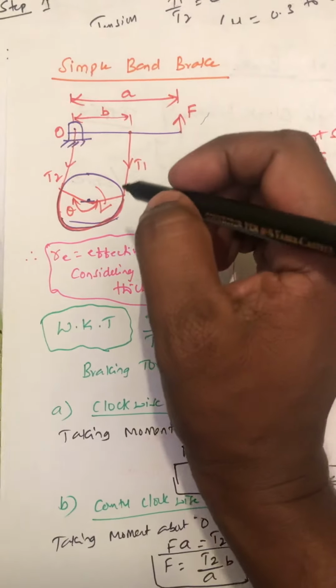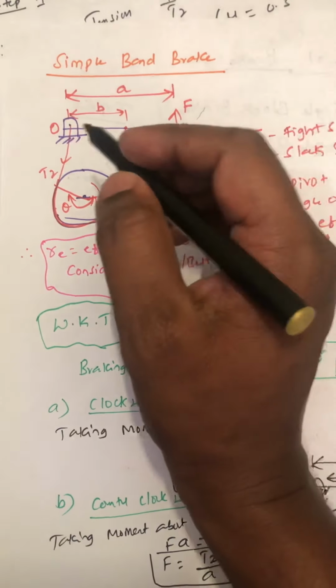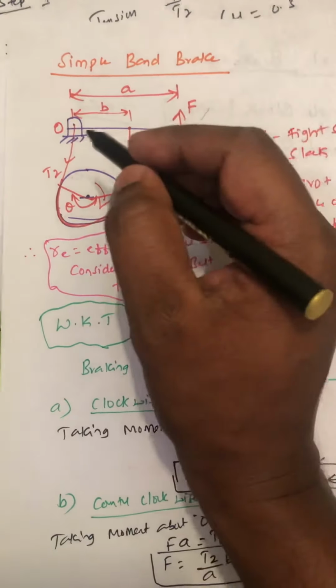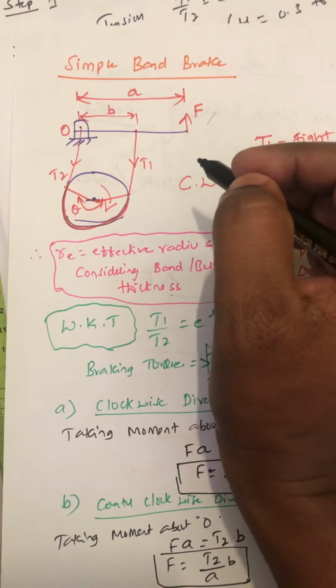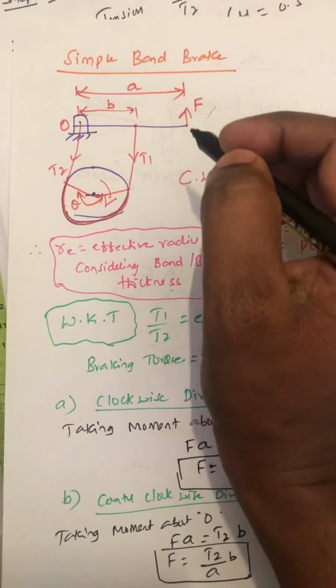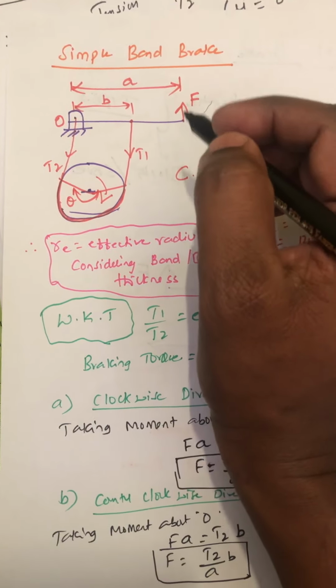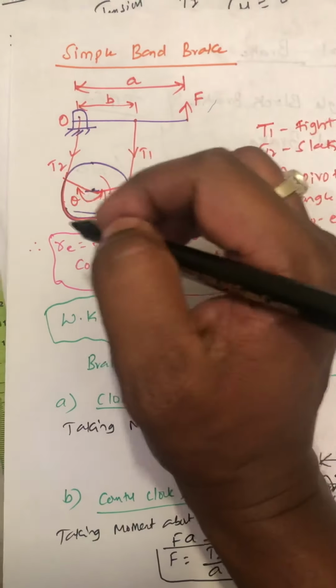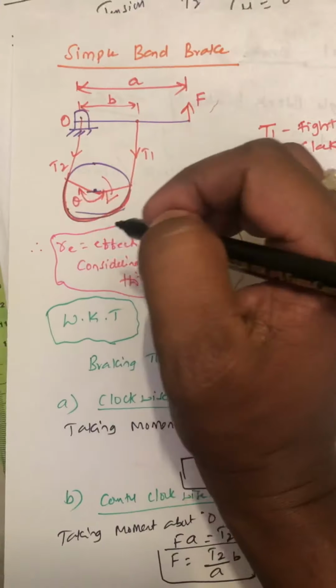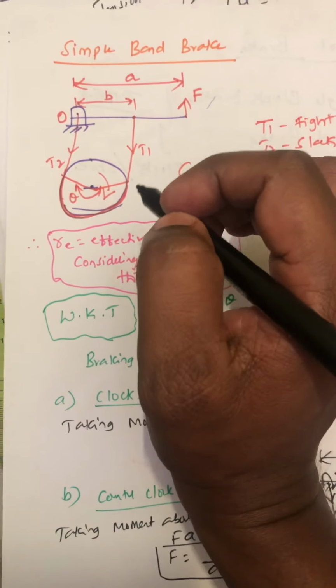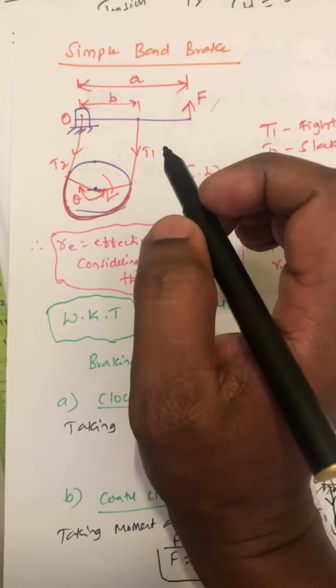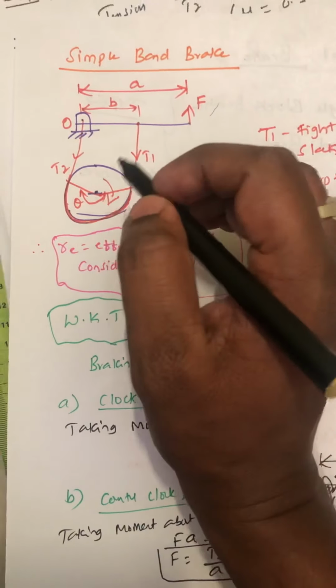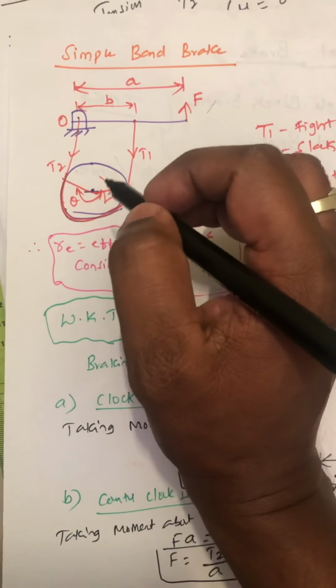Here, if this is a fulcrum and this is a lever, whenever you apply the brake force or the pedal, this lever is going to lift and move like this. So this band is going to push, and it will come into close contact with this drum, so that this rotating drum is going to stop.